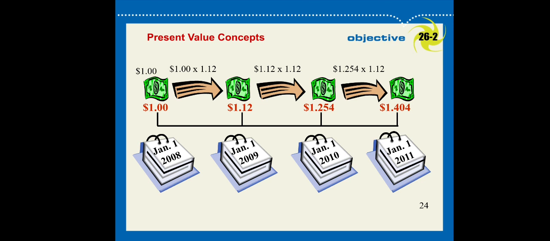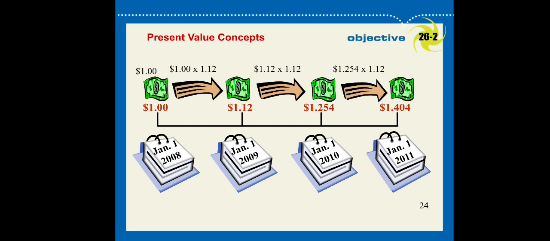$1.25.4. Why has that dollar increased? Because the amount of interest that the person got in the previous year will generate more interest in the future.